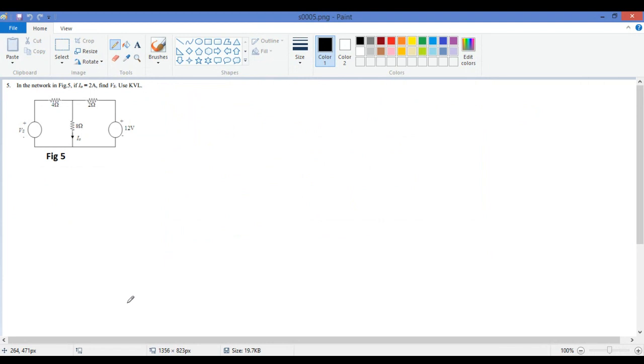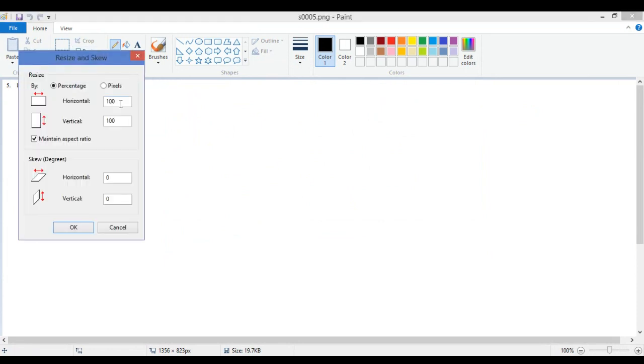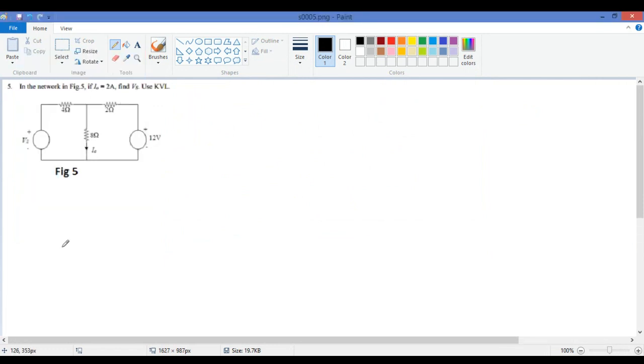Are you able to see my screen clearly? So now, let us try to solve this problem.